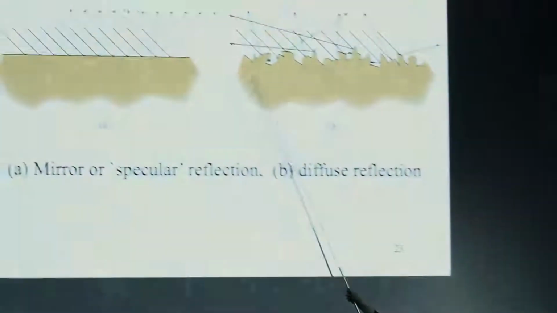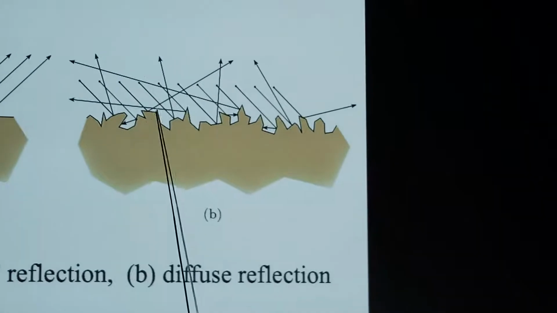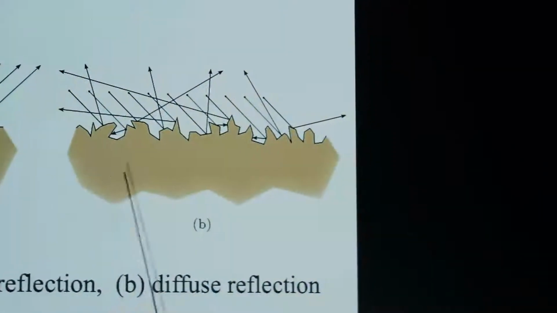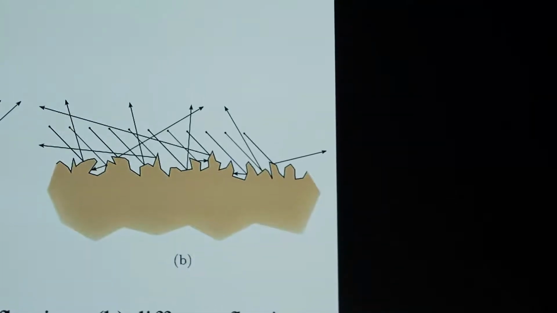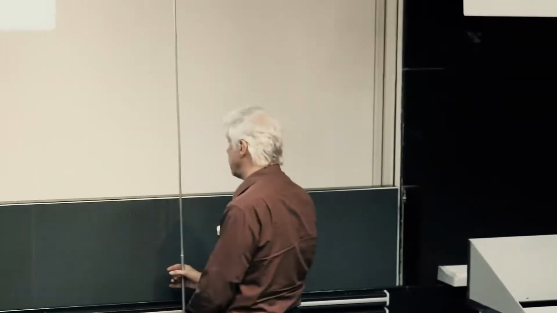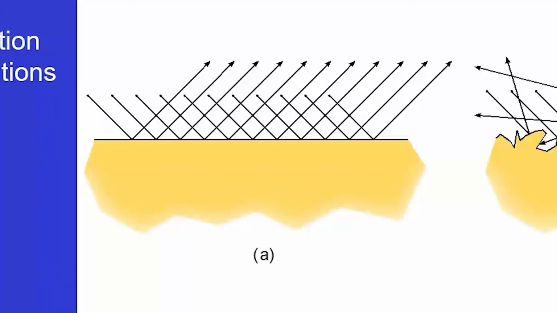you see here all that light coming in from the same direction, right? The reflection is going all over the place. So we have reflections in many different orientations. So light is being reflected in many, many different directions, even if all the incoming light is parallel. So here on the left, this very flat surface, all light coming in parallel, all light going out also in the mirror direction.